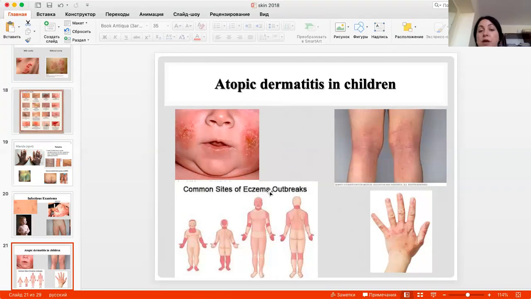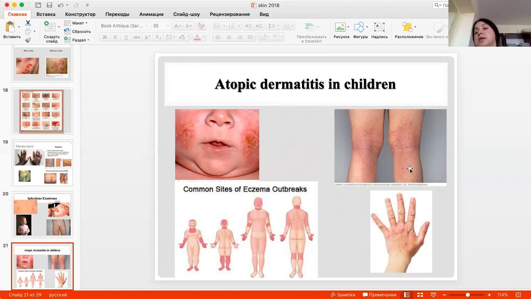For example, eczema in young children is mostly on the cheeks, buttocks, neck, and arms, and the elements of rash are maculas and fields of erosions and vesicles.